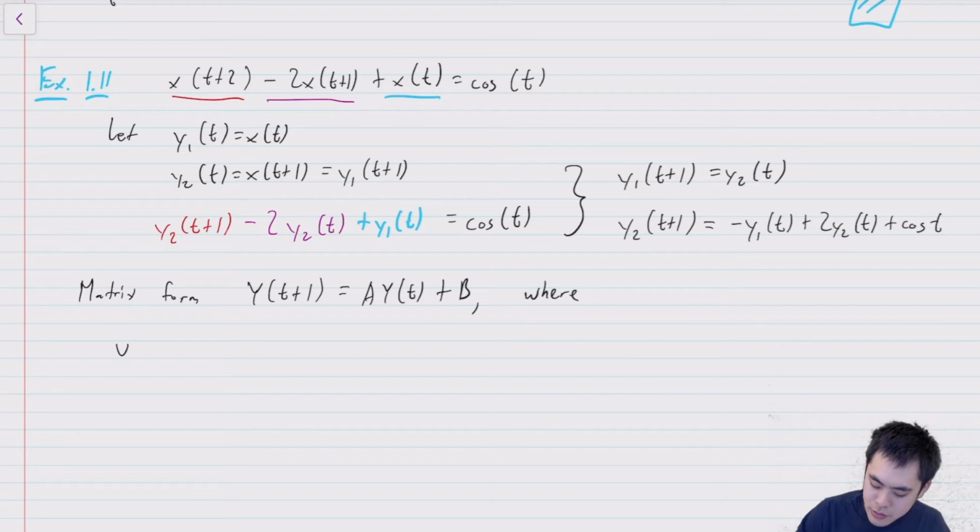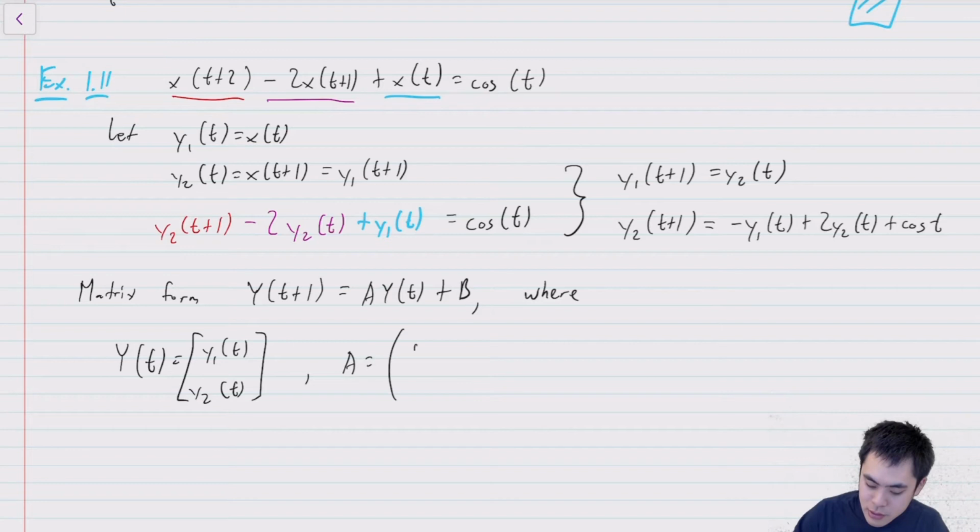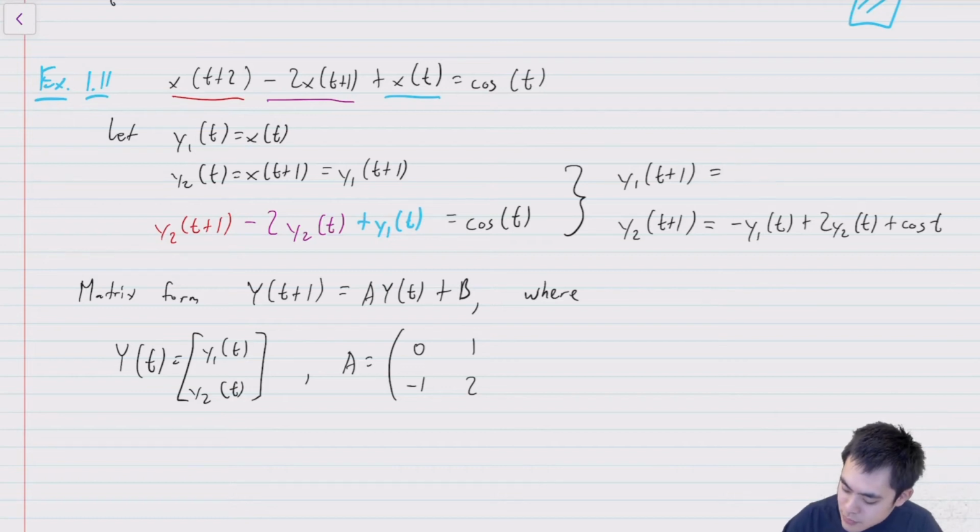where, of course, y of t is equal to y1 of t, y2 of t, and A is equal to [0, 1; minus 1, 2], because this here is 0 times y1 of t plus y2 of t, and then minus y1 of t plus 2 y2 of t.